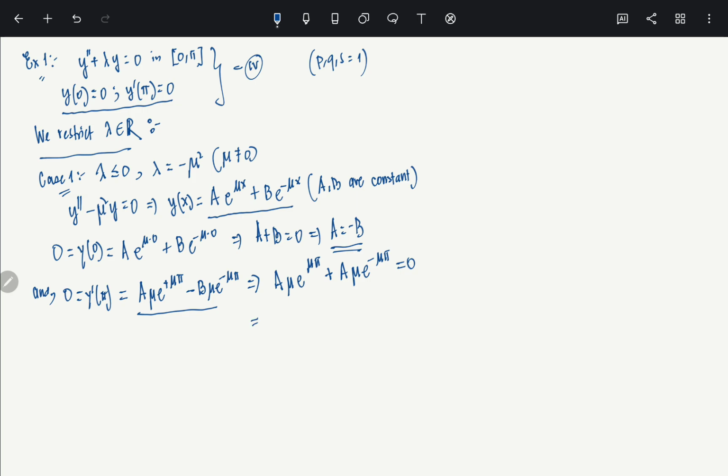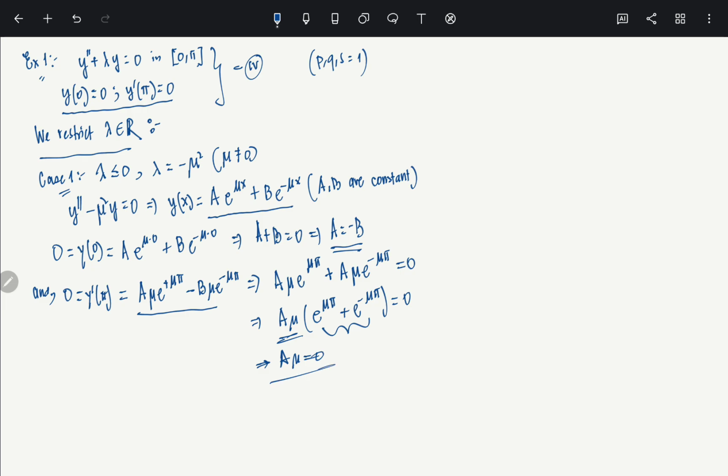So that will give you A times mu, taking it common, times e^(mu pi) plus e^(minus mu pi) is going to be 0. Now this term of course is never going to be 0, that's for sure, it's an exponential term. So essentially that will imply A times mu has to be 0.